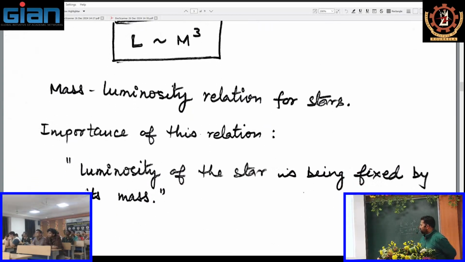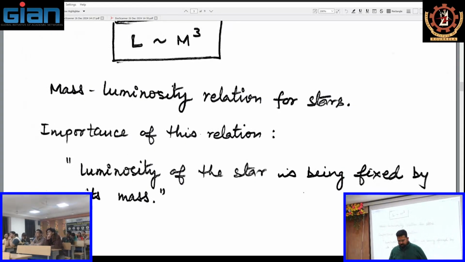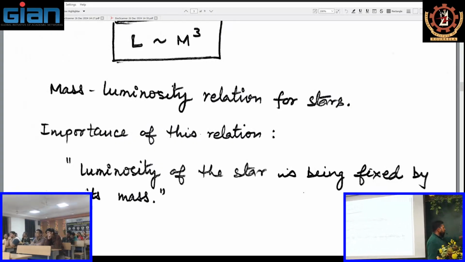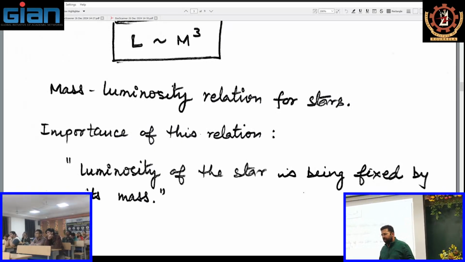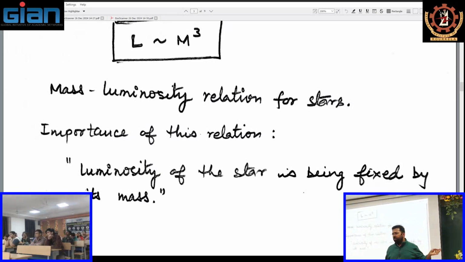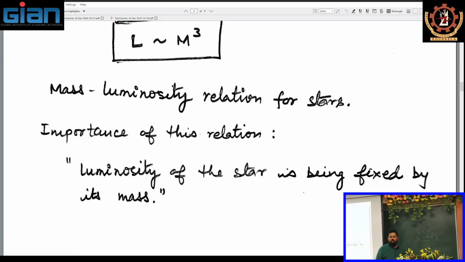Yes, this was what I was talking about. The luminosity of the star is being fixed by its mass. This is not a universal relation; the value of the exponent may vary depending upon where you are in the HR diagram, but close to the main sequence, L is proportional to M cube.